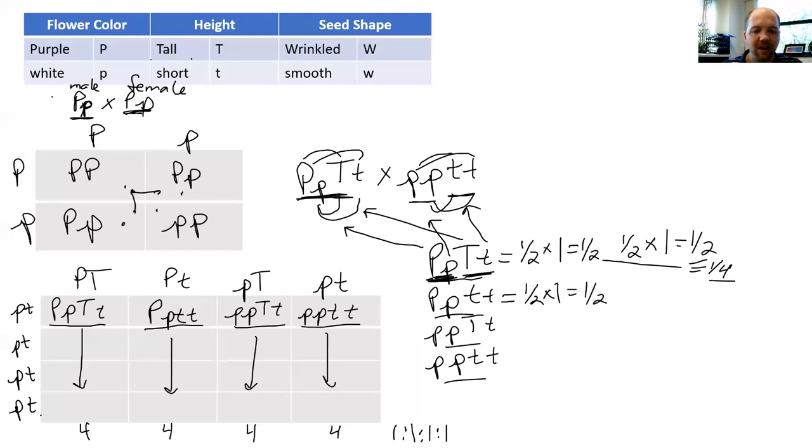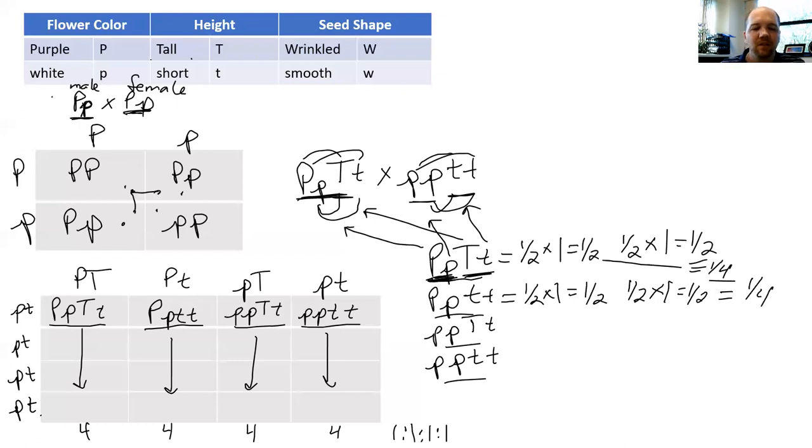And then we multiply that times the probability of getting a small t from one parent, which is 1/2, times the probability of getting a small t from the other parent, which is 1. So that equals 1/2 total. And 1/2 times 1/2 equals 1/4. It's going to be the same thing for these other ones as well. This is maybe a simpler situation here.